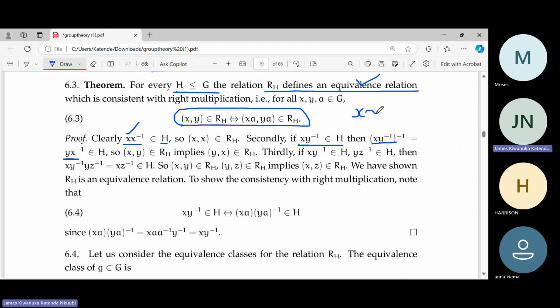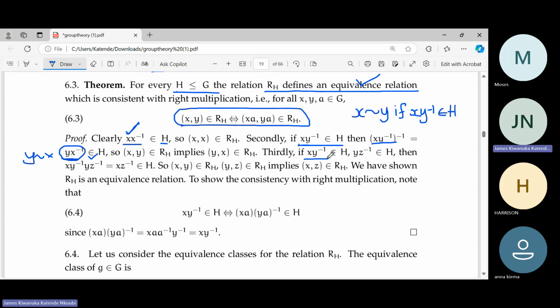I'll use this as a shorthand for related: X is related to Y if XY inverse is in the subgroup H. So if you have it in reverse form like this, this is now YX inverse is in H. So this simply means Y is related to X. So this covers the symmetric property. We've covered the reflexive property for an equivalence relation. What is left is the transitive property.